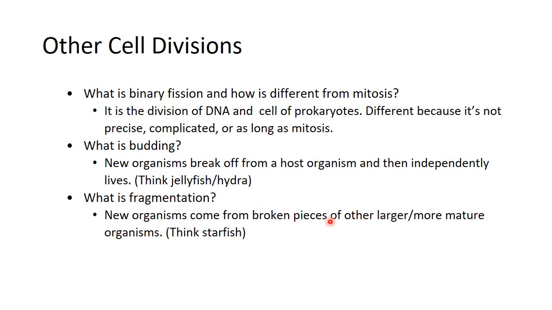It's pretty unique. But yeah, this is typically only going to be found from larger organisms, whereas budding is usually a lot smaller organisms. But all weird, but all pretty cool ways that cells can make more copies of themselves and affect the life of an organism.